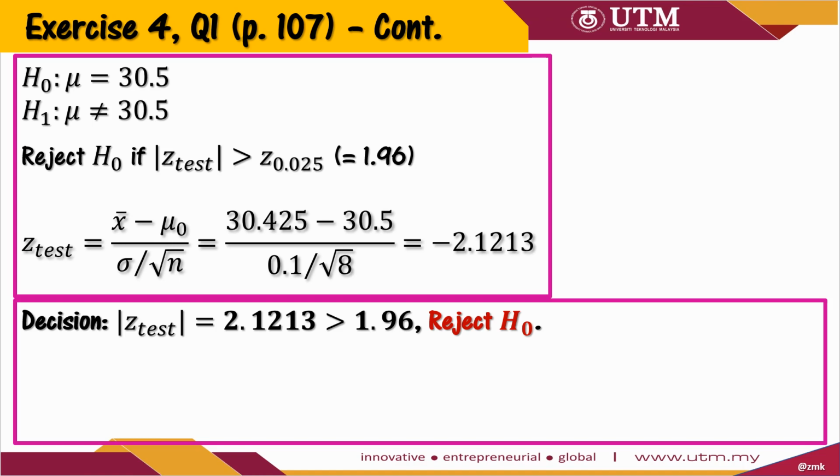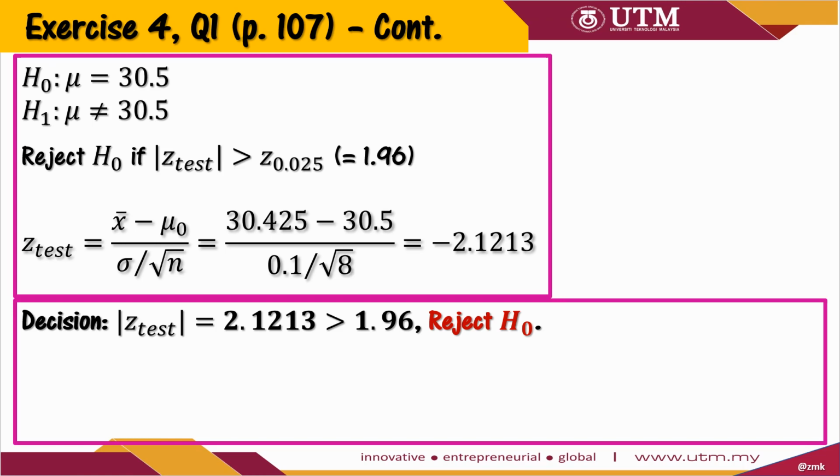However, we cannot simply stop here, since we haven't really answered the question, which is testing whether the data came from a normal population with mean equal to 30.5 or not. Now, since we reject H0, what does it mean?